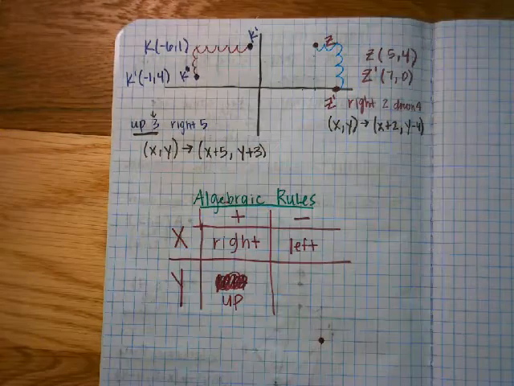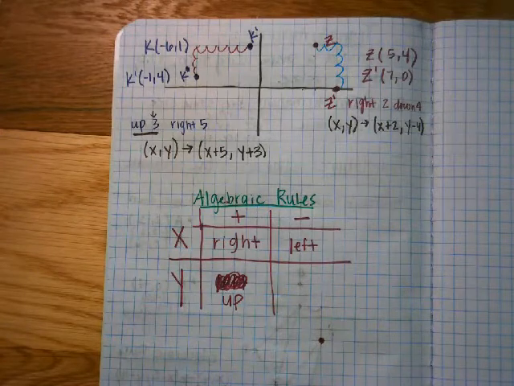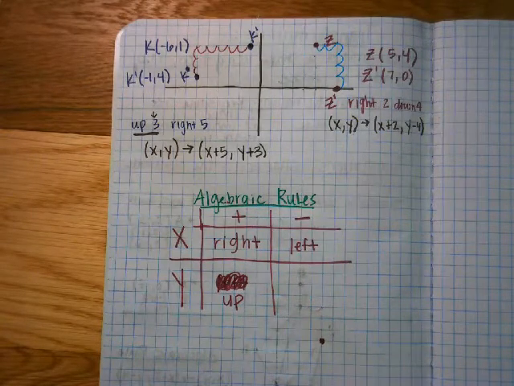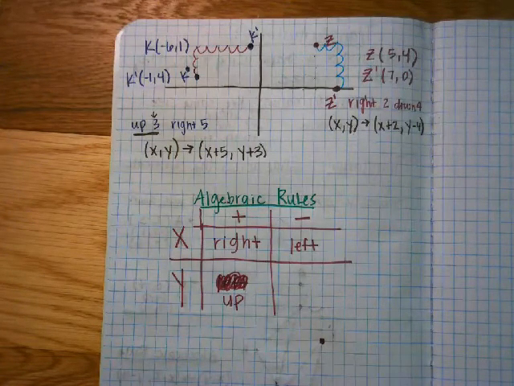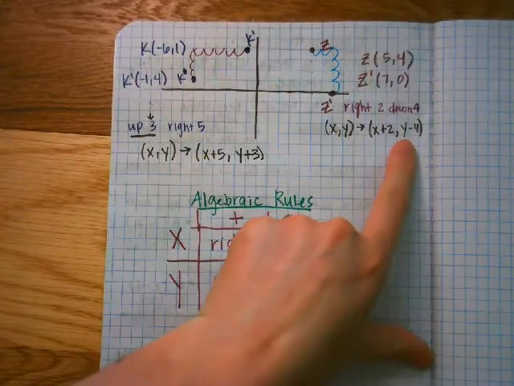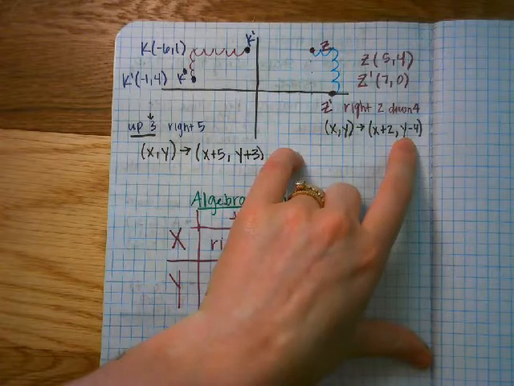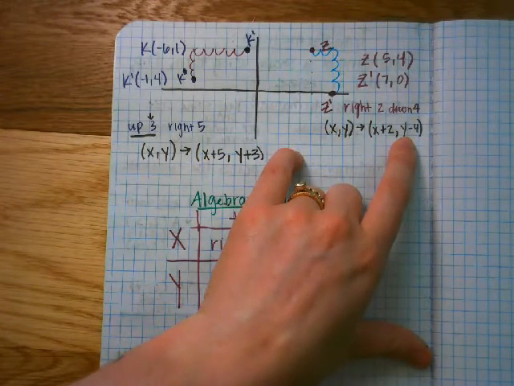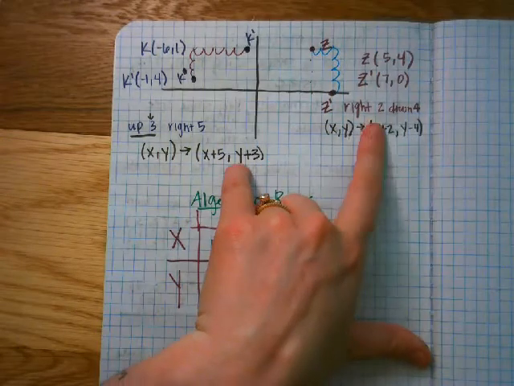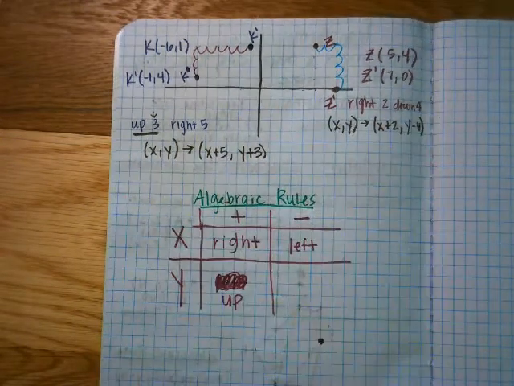Mike, can you tell us what happens when we subtract from y? When we subtract from y, so there was an example right here. What happened when we subtracted from y? What direction did we go? You're thinking of x. I'm talking y now. Do we go up or do we go down if we subtract?